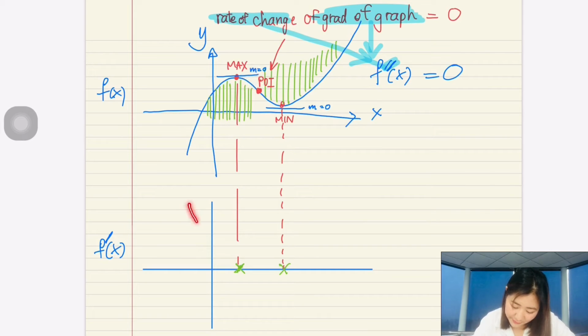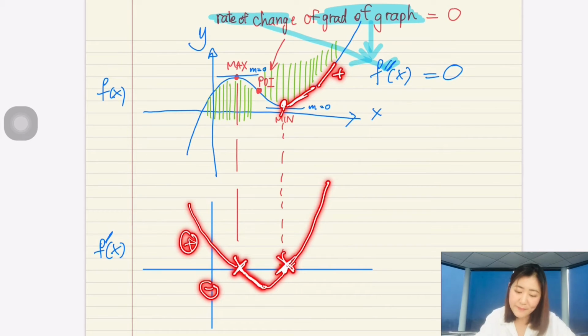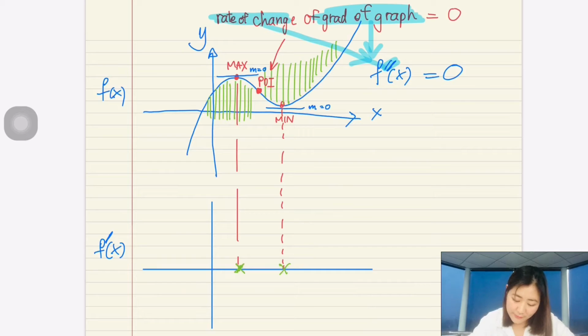So it comes from positive, at the maximum the gradient is 0, and after the maximum the gradient is negative, so you go down to the negative value here. Then you go up again to cut the point where the minimum occurs. The gradient is 0 again, and after the minimum the gradient is positive again, so up there. So your graph would look roughly like this.